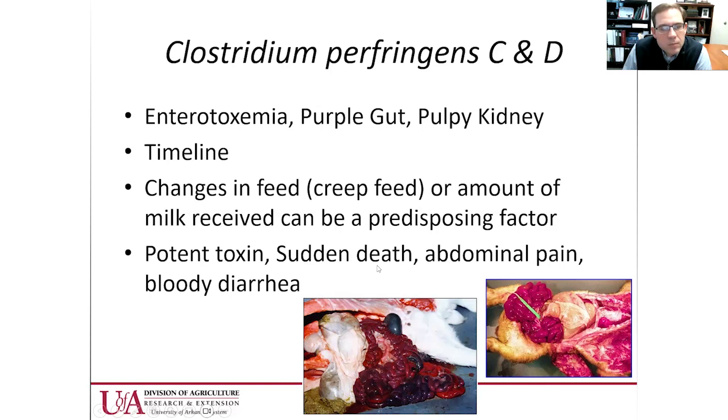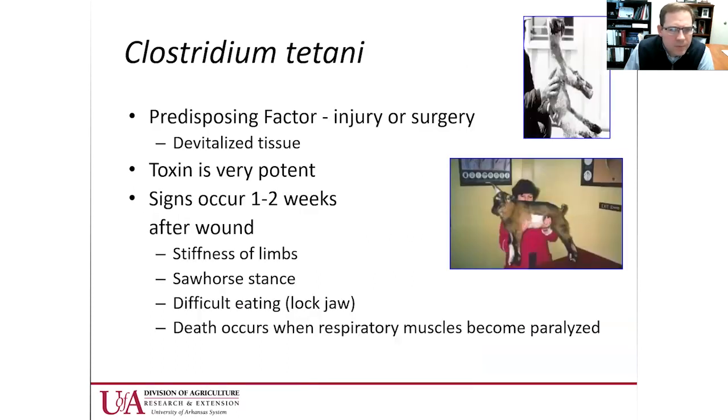If we do see some clinical symptoms before death, we'll note abdominal pain and perhaps some bloody diarrhea, but oftentimes it's sudden death. And so with that, our best way to control it is through prevention with vaccination. I'll talk more about that here in just a second. But first, I want to talk about the other type of clostridial issue that's common in sheep and goats, which is tetanus.